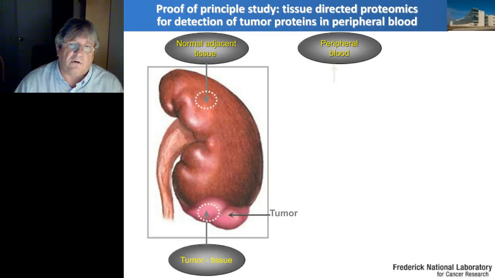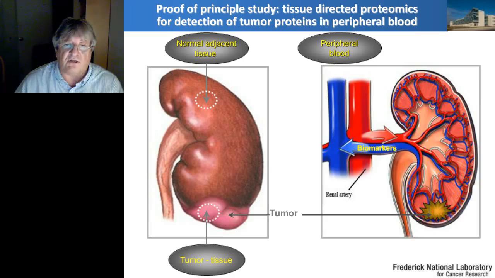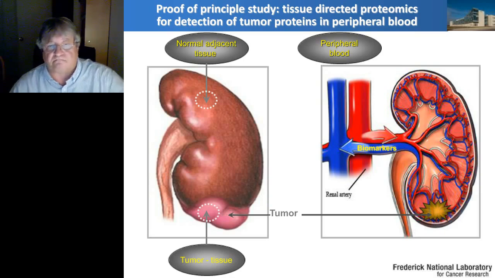So our idea is to take normal tissue, depleted, and tumorous tissue, depleted, do the strong cation exchange, and analyze it. After that we localize the tumor proteins: can we see them in the blood of the patient diagnosed with cancer? That blood was collected before the surgery, because after surgery there can be contamination.